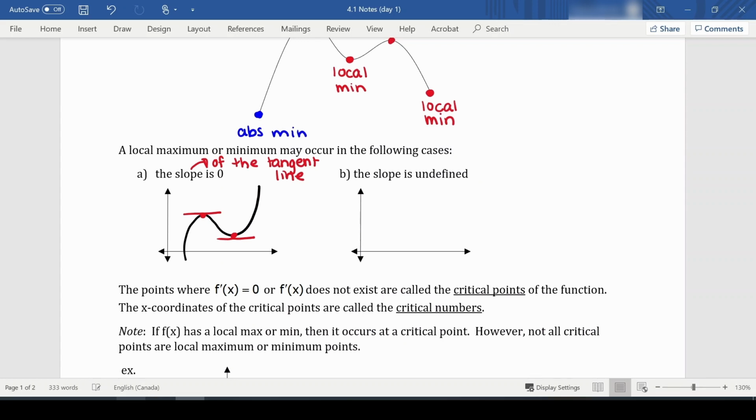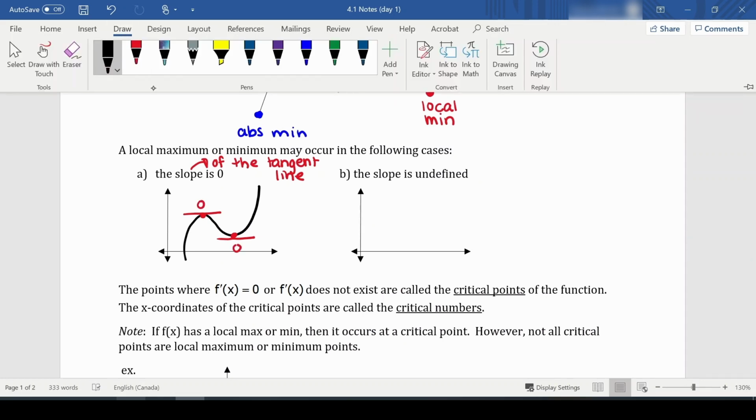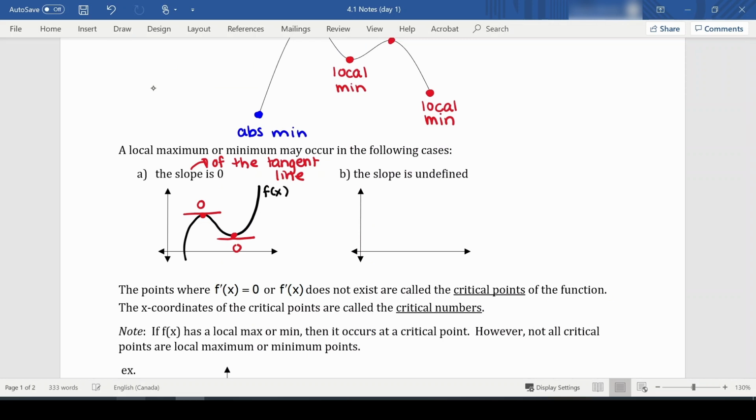So the slope of the tangent line at that part of the curve should be 0 if we have a max or a min. So this function we just drew was f of x. So this is also saying f prime of x would be 0 at our maximums or minimums.